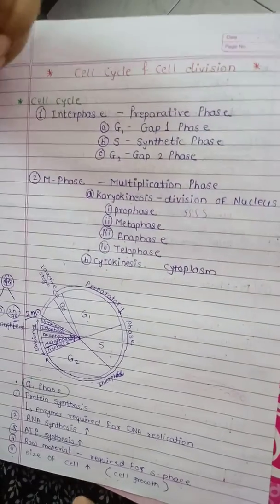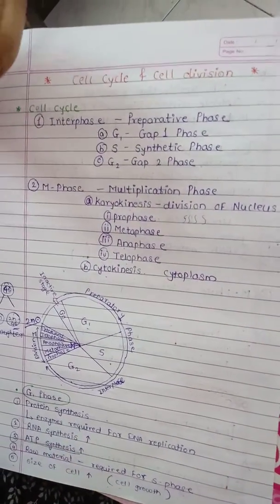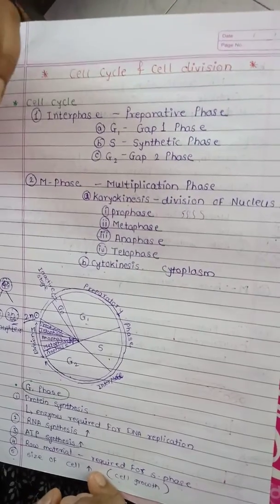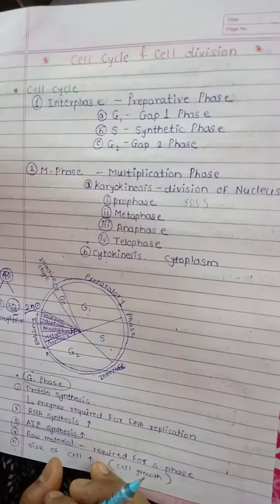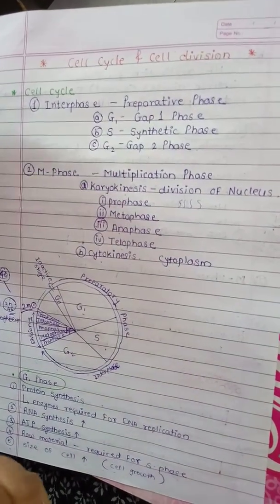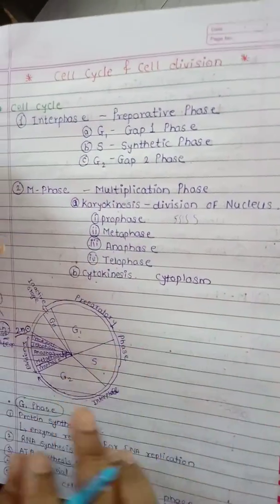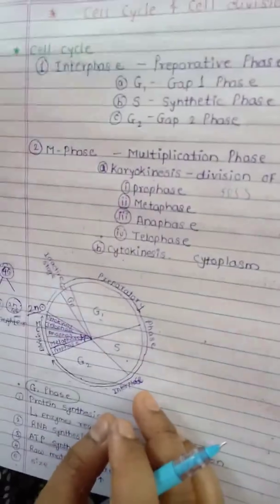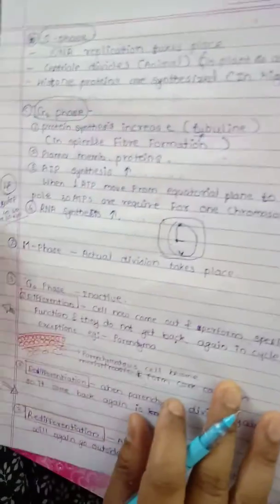They are divided towards both poles, and here sister chromatids are formed. Then in telophase, the nucleus is divided in these two cells. Then cytokinesis. In cytokinesis, the cytoplasm gets divided.